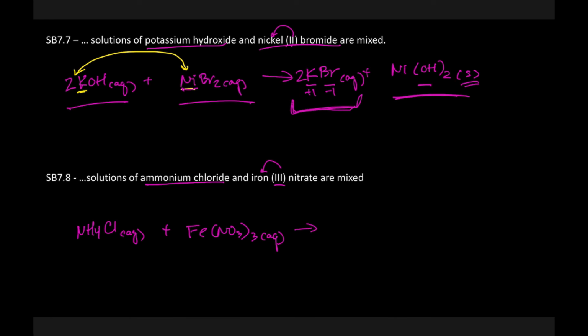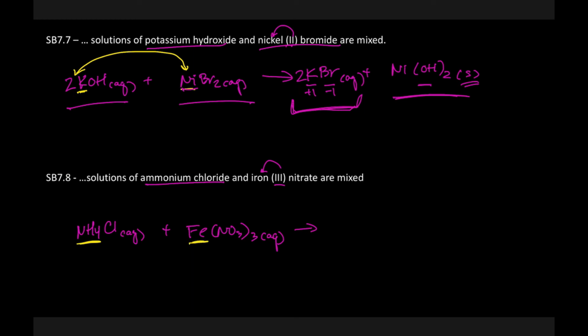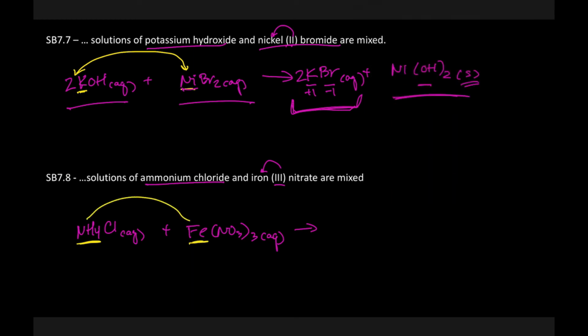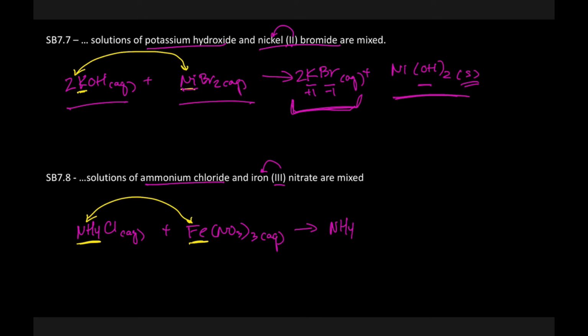We're going to switch the cations, so let's go ahead and identify the cations. Here we have ammonium and iron. So we'll go ahead and switch those, which means that now my ammonium is going to be stuck to my nitrate, and ammonium is +1, nitrate is -1, so we need one of each. And we have iron, which has a charge of 3, stuck to chloride, which has a charge of -1, so there we get that.